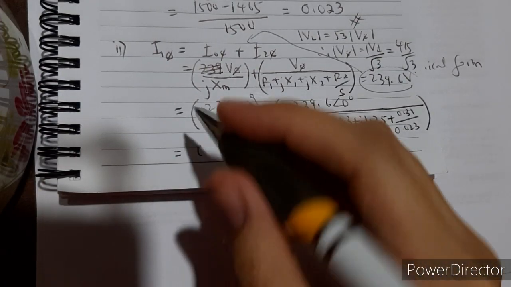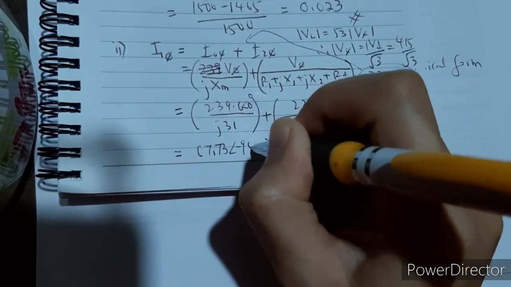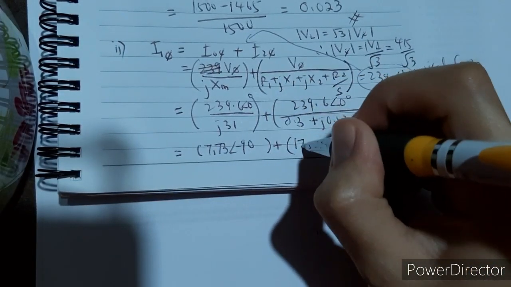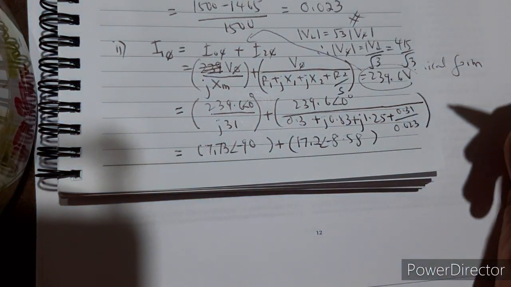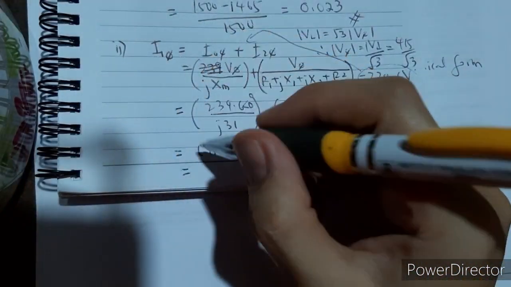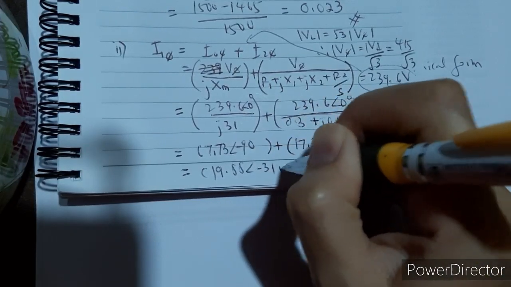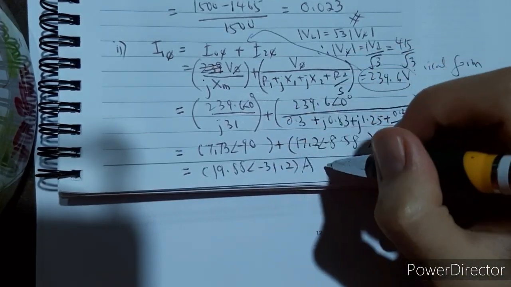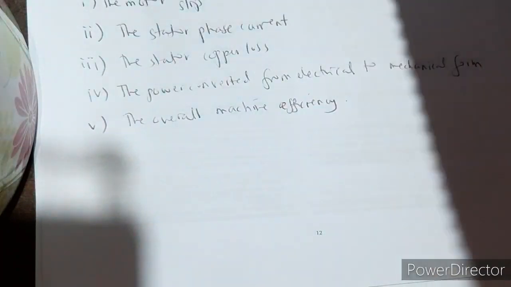So write your answer in polar. 7.73 angle negative 90, 17.2 angle negative 8.58. So last one, your I1 phase equal to 19.88 angle negative 31.2 ampere. Okay, I'll stop this video here for now. Okay, we'll continue the next 3 questions in the next video.